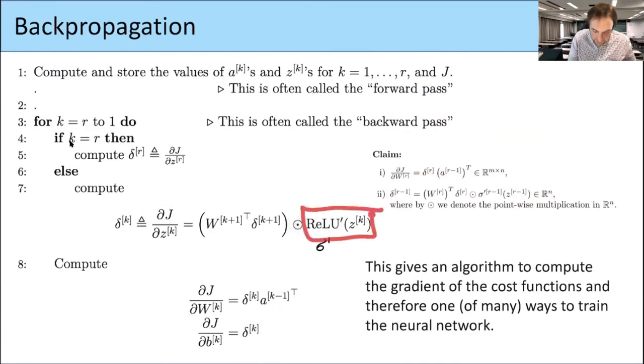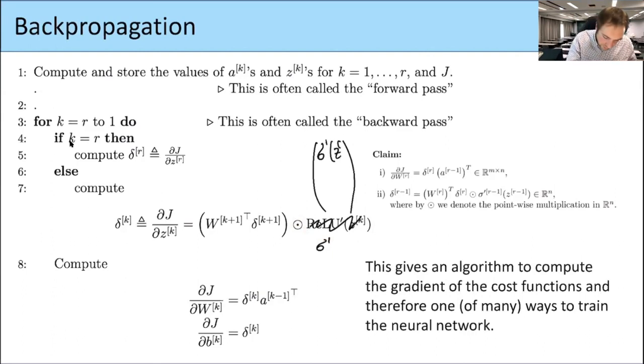So this here is a vector where in each entry, maybe I can make this a little bit clearer. So this here is a vector where in each entry I apply the derivative of sigma to the entry of these Zk.